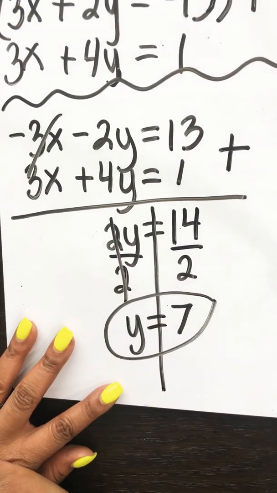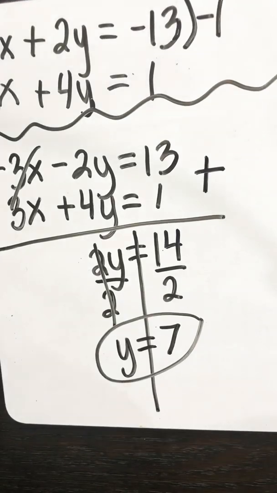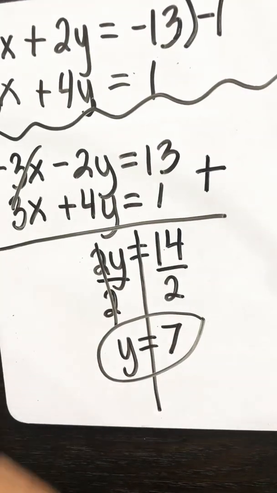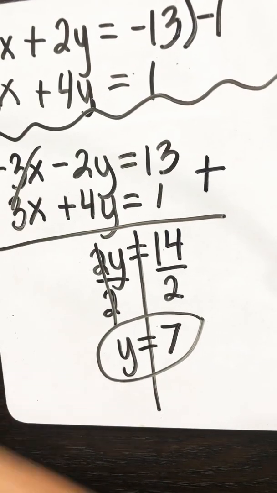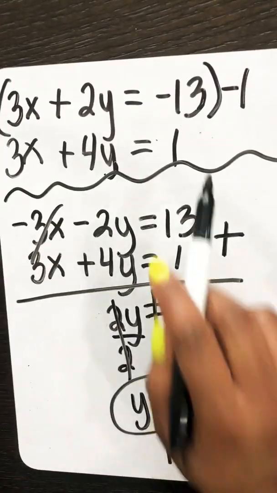Okay, so in order to find the value of x, I would take y equals 7. I would put it back into my original equation, whichever one you choose. Let's go ahead and choose the second equation. So this equation.